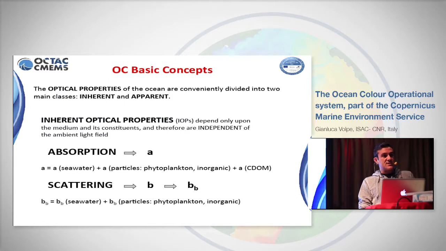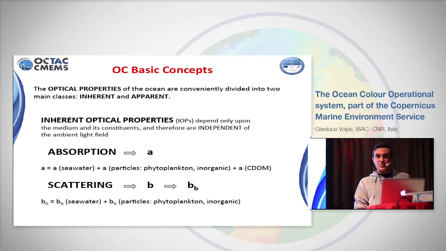The optical properties of the ocean are conveniently divided into two main classes, the inherent and the apparent optical properties. The inherent optical properties, the IOPs, are those that basically depend only upon the medium and its constituents and are therefore independent of the ambient light field.